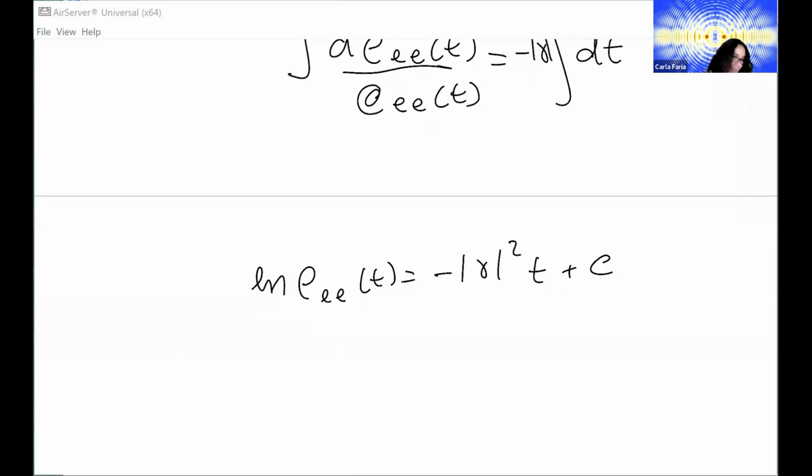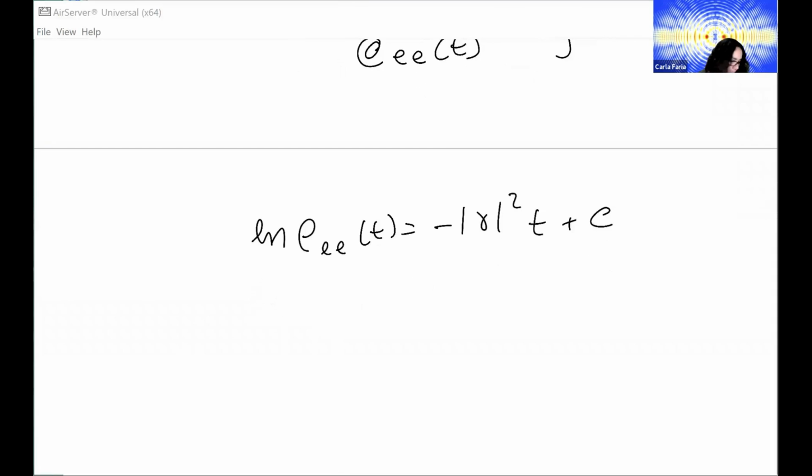Therefore, I can say that rho_EE(t) is a constant K times e to the minus gamma squared t. So you see that you have some kind of exponential decay.